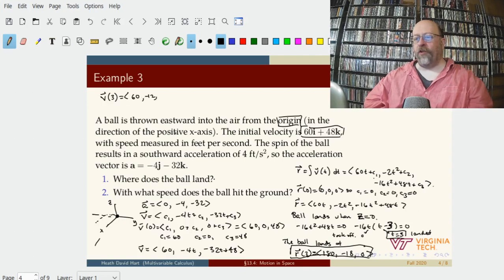Negative 32 times 3 plus 48 is negative 48. And so the speed is the magnitude of that velocity, which should be the square root of 60 squared plus 12 squared plus 48 squared. Whatever that calculates out to.